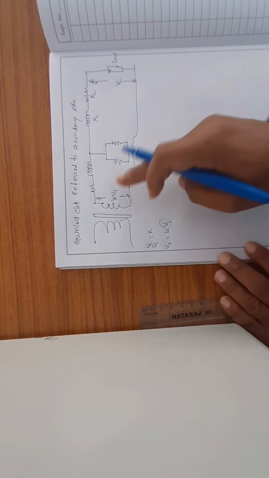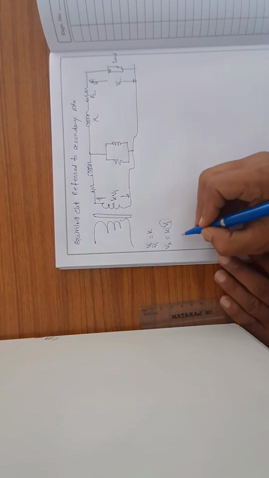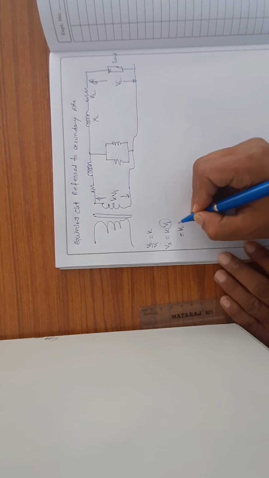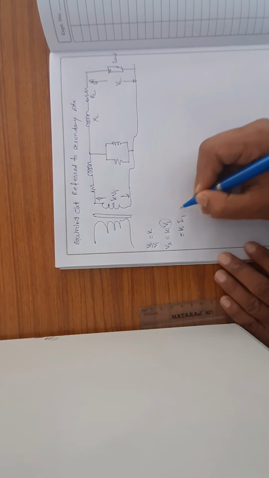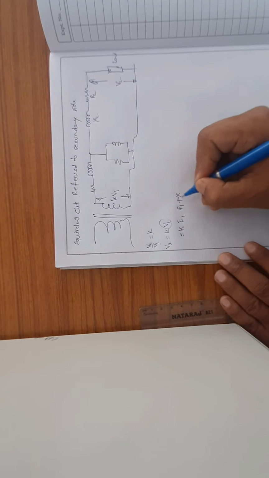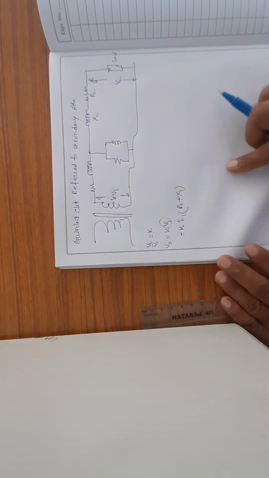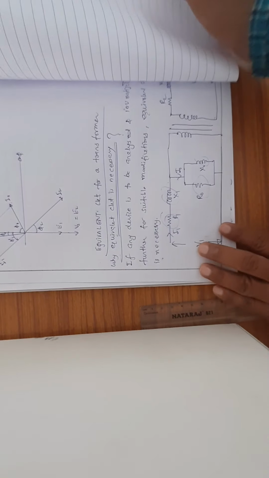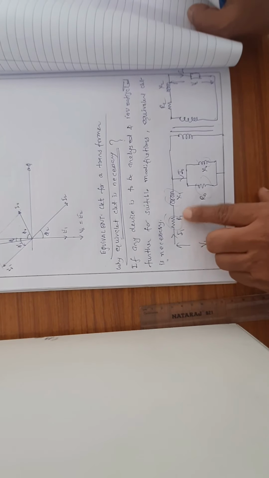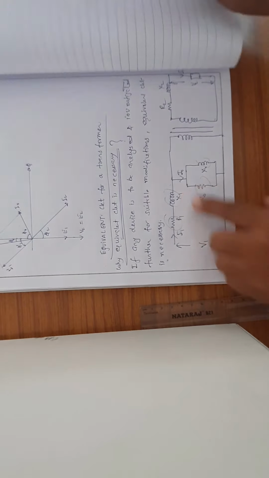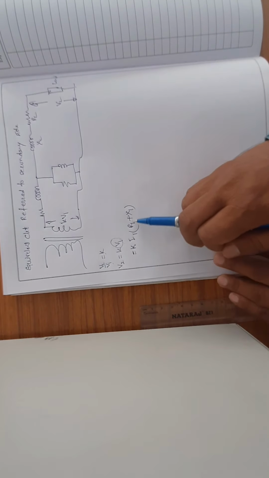The voltage drop of primary is K times of I1, V1 equal to I1 R1 plus X1. Primary side voltage equal to I1 R1 plus I1 X1.